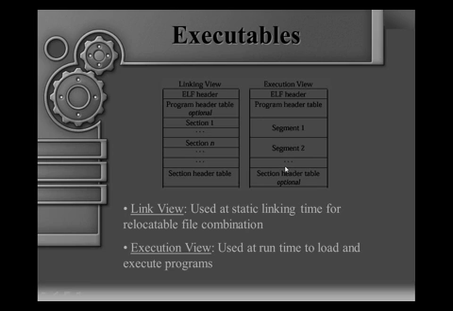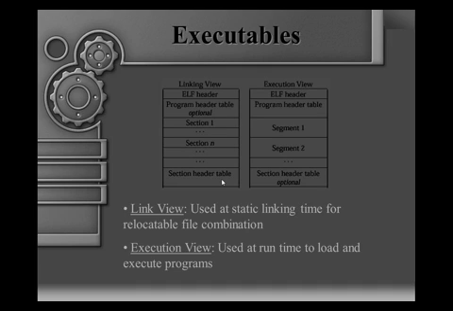Then there is a section header table. This is mandatory in the linking view, but it is optional in the execution view. So this is the comparison of how the execution view and the linking view are used between the different executables.